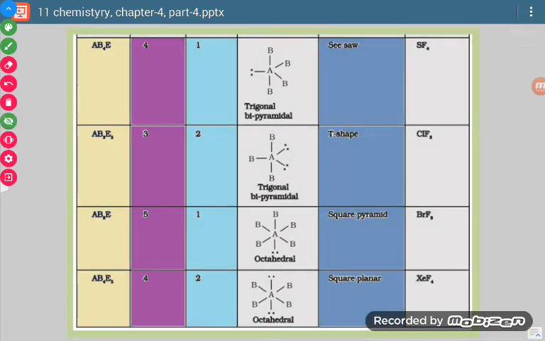Now we take AB4E. What does it mean? It means the central atom is surrounded by 4 bond pairs and 1 lone pair. So total are 5. So they should be arranged like 3 in a triangle, 1 above the triangle, 1 below the triangle. Now when our lone pair number keeps on increasing, we are going to take lone pairs in the triangle only.